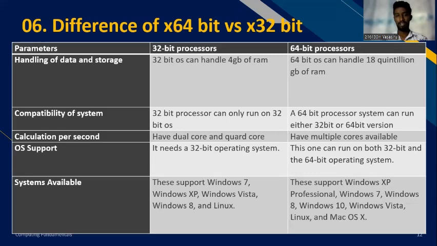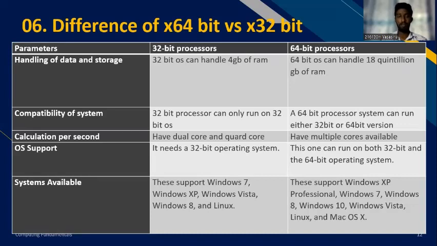Performance. The performance of the 32-bit processor is less efficient than the 64-bit processor. 64-bit processors exhibit higher performance than 32-bit processors.